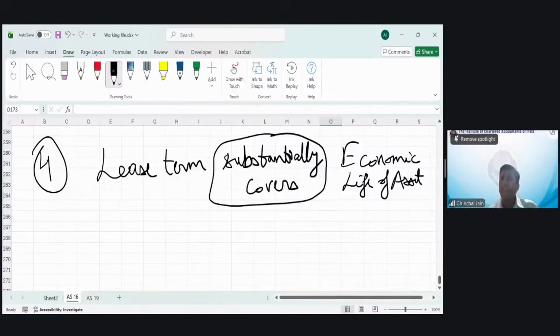Economic life of the asset. Can somebody explain what is economic life of the asset? Sir, the life of an asset which is utilized for future economic benefits as well as present, we can use this, so that is called the economic life of the asset. Okay, anyone else?